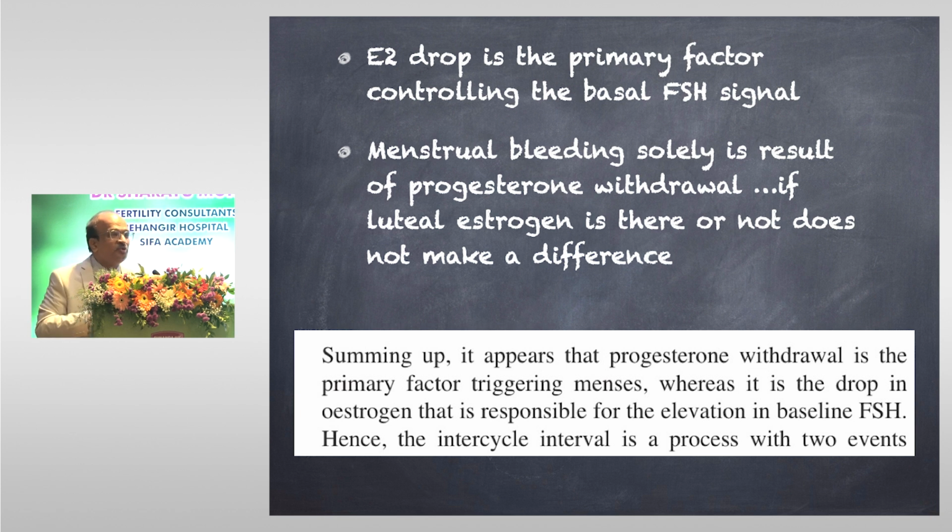It is the progesterone withdrawal to do with menses. Estrogen drop is only, it's a God-gifted thing to maintain the FSH to go high and maintain the cyclicity of an ovarian cycle. So summing up, it appears that progesterone withdrawal is a primary factor triggering the menses, whereas it is a drop in the estrogen which is responsible for elevation of baseline FSH and continuing in the cycle later.